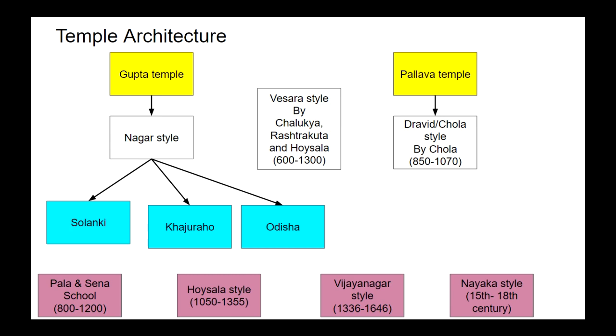Hoysala style temple architecture developed around 1050 AD to 1355 AD. Then Vijayanagar style temple architecture developed from 1336 to 1646 AD. And Nayaka style temple architecture developed after Vijayanagar temple style architecture. It developed from the 15th to 18th century AD.